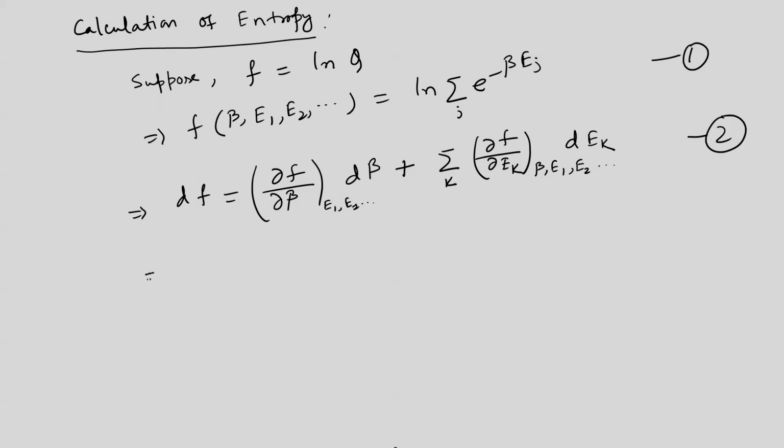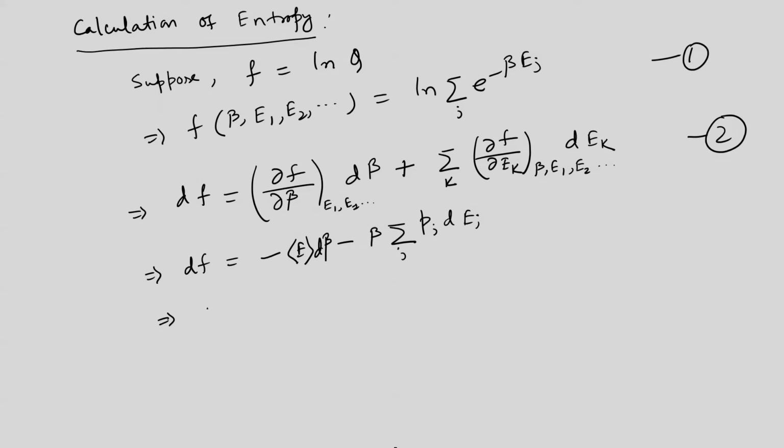And what is the first term? The first term is minus E average times d beta, and the second term gives us minus beta times the sum over j of pj times dpj.